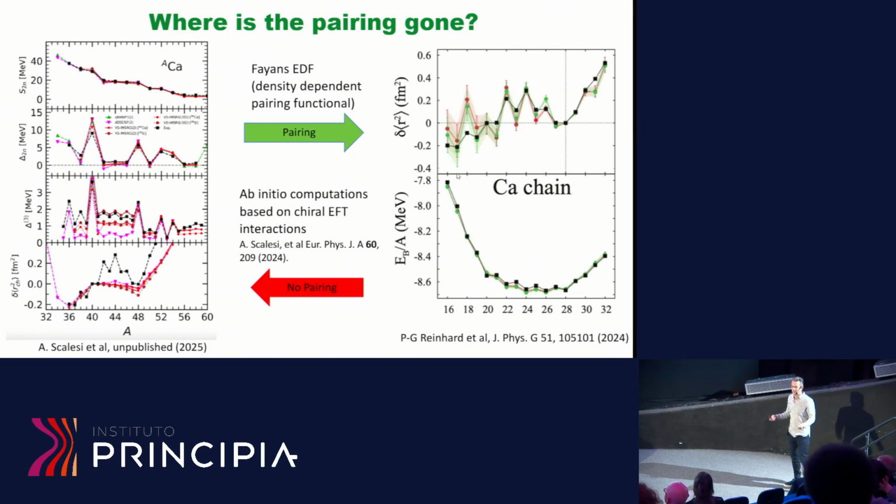What do you think is the reason? What's missing? Yeah, is it the interaction? I don't think it's the interaction. I think it's many-body truncations here. There is some evidence of triaxial deformation in mid-calcium isotopes here, which most of these methods cannot appropriately take into account.